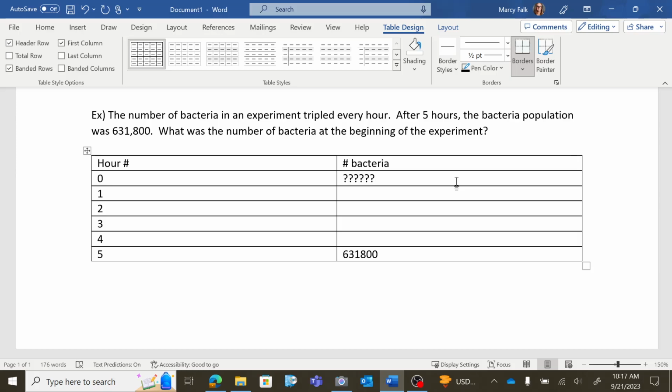Or you could divide by 3 to the 1, 2, 3, 4, 5th exponent.